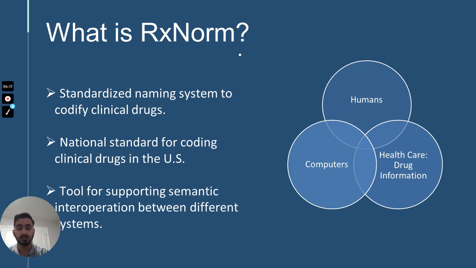Yes. It is also a national standard for coding clinical drugs in the US. It is also a tool for supporting semantic interoperation between different systems, like I mentioned above. It is basically an intersection between humans, computers, and healthcare, mainly the drug information in healthcare.